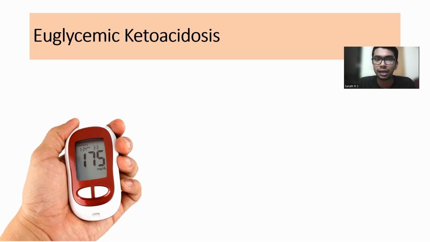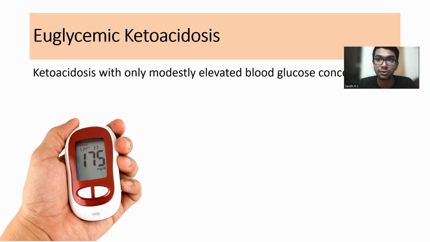So he is not taking orally, and because of starvation, his blood glucose has decreased, even though it has not reached the normal level. So he has ketoacidosis due to diabetes, but still his blood glucose level is not as high as we expect. That is euglycemic ketoacidosis.